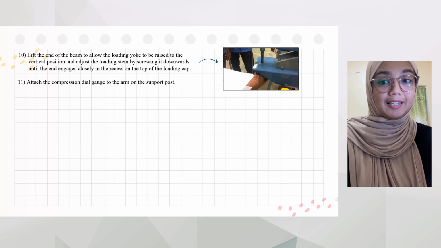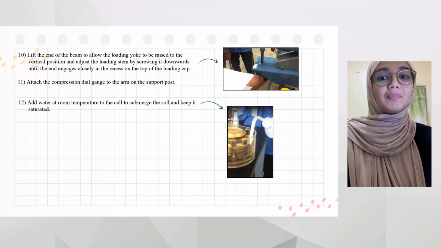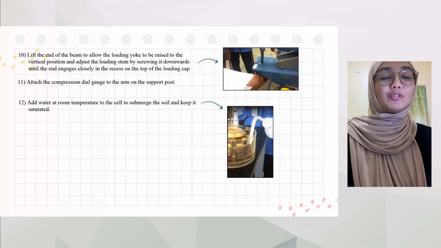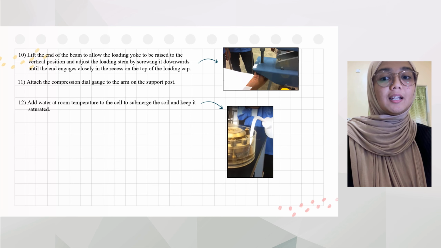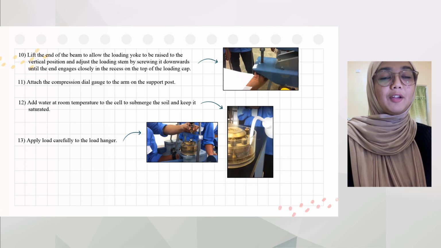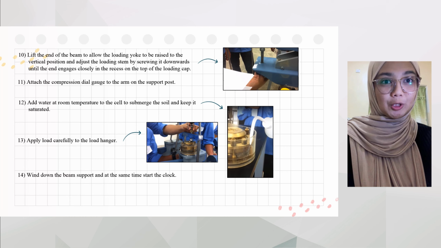Number 11. Attach the compression dial gauge to the arm of the support post. Number 12. Add water at room temperature to the cell to submerge the soil and keep it saturated as the picture shows. Number 13. Apply load carefully to the load hanger as the picture shows.